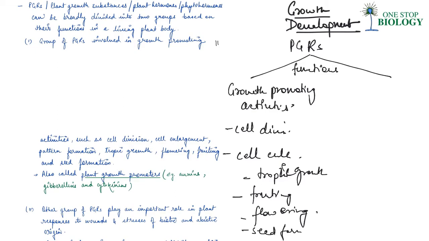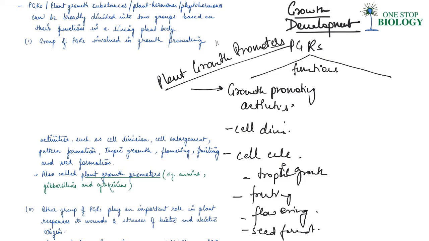Now, these are also known as plant growth promoters. So, the first group of PGRs are the growth promoting group.